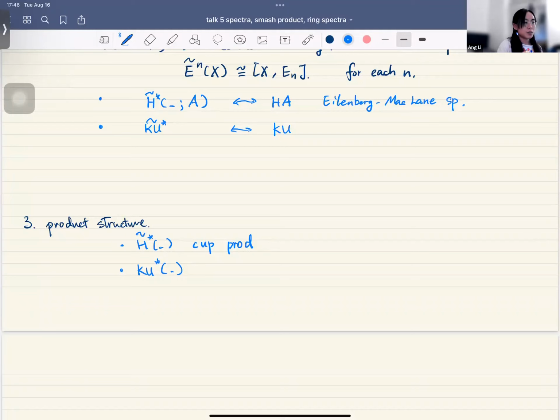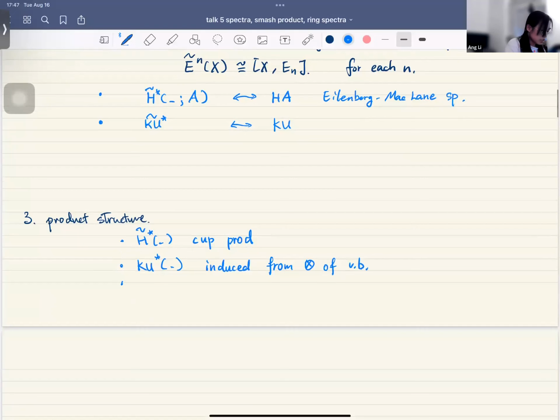We construct that by doing the group completion of vector bundles, but it has an induced multiplication from the tensor product of vector bundles. And for complex cobordism, you have the Cartesian product of manifolds.